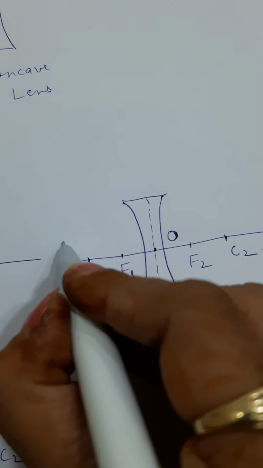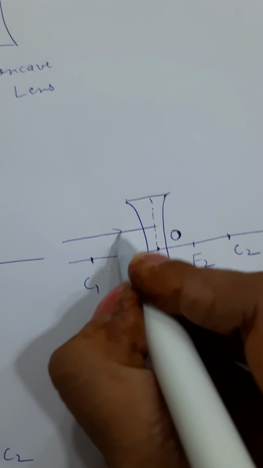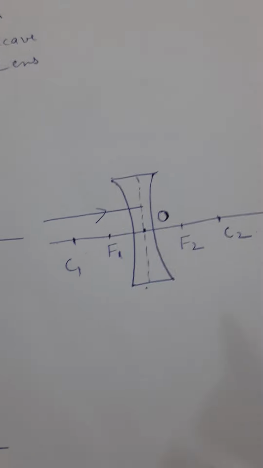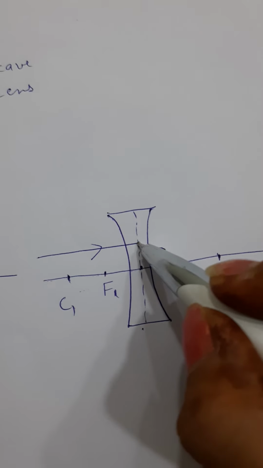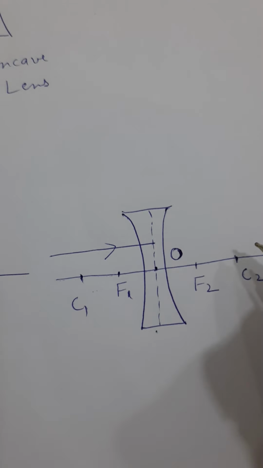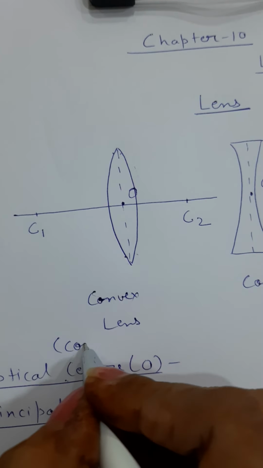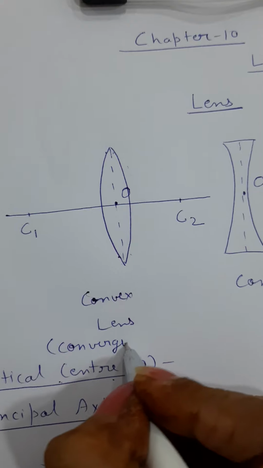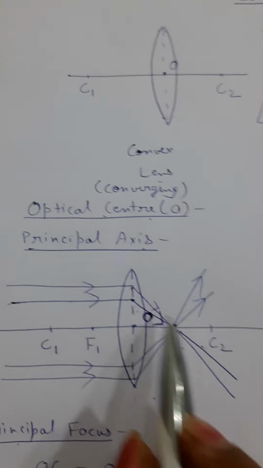So here you see, suppose a ray is coming from infinity and falling on this one. What will happen here in the case of a concave lens? The convex lens is called a converging lens, so it is converging, collecting all the rays.